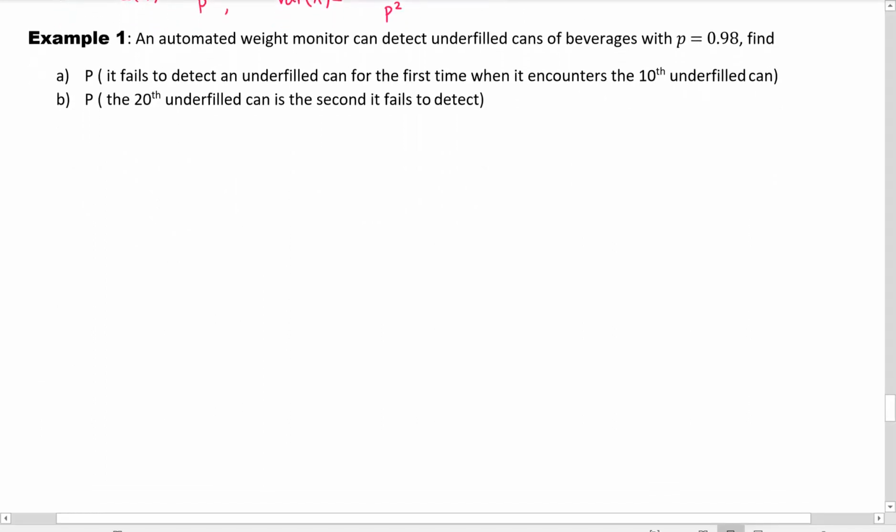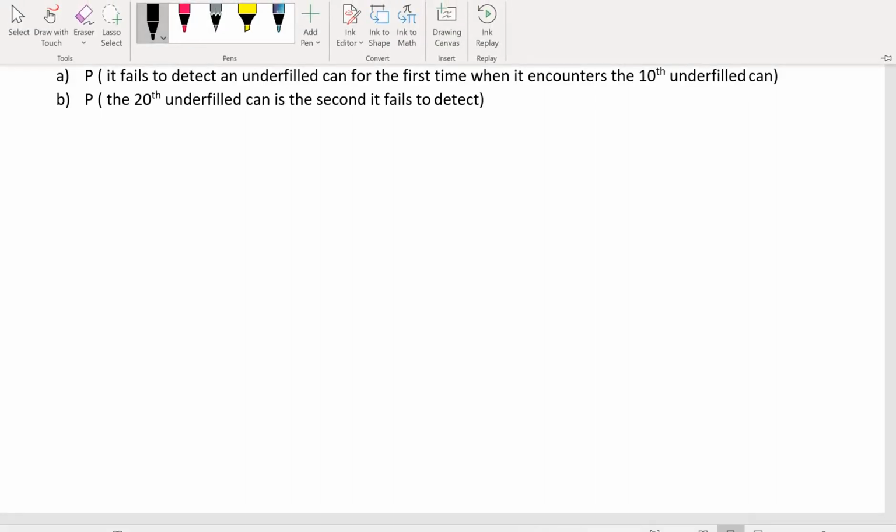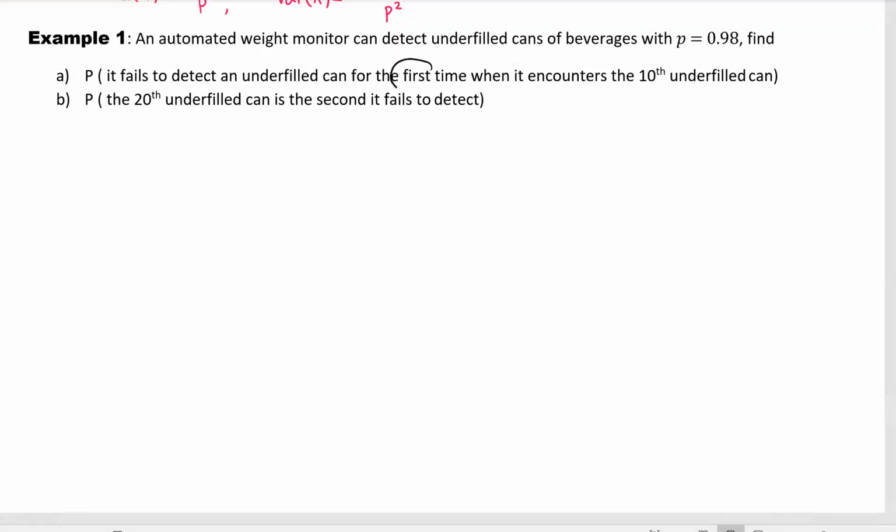Let's look at some examples. Example 1. An automated weight monitor can detect underfilled cans of beverage with probability P equals 0.98. Part A: it fails to detect an underfilled can for the first time when it encounters the 10th underfilled can. Notice that here you can see some order involved, like the first and the 10th.